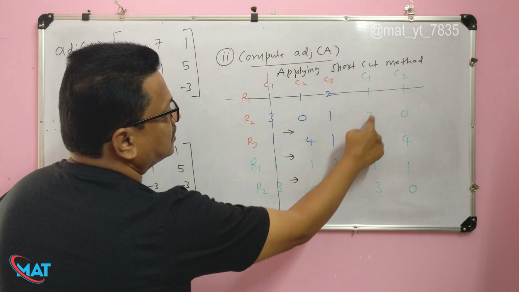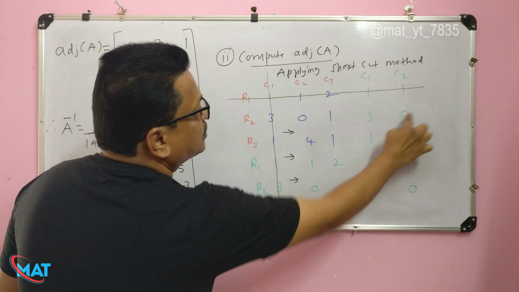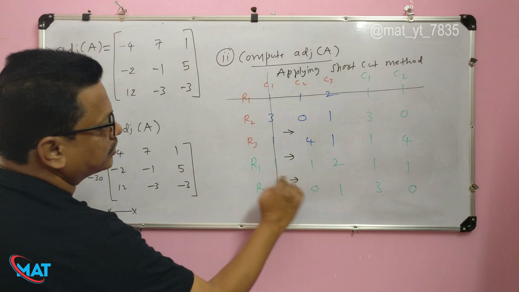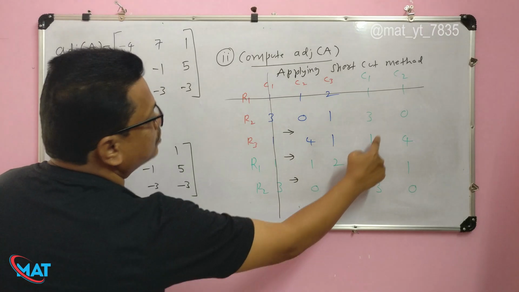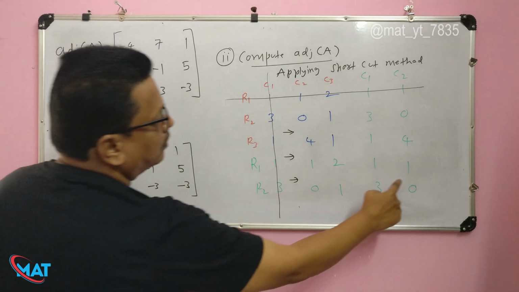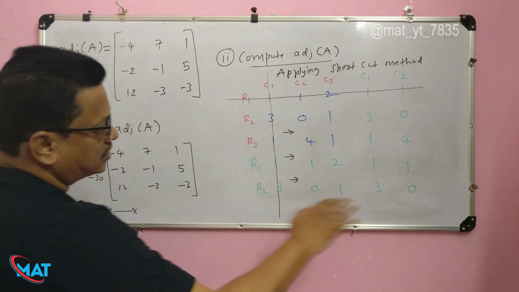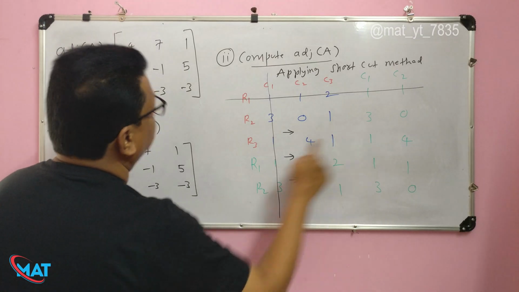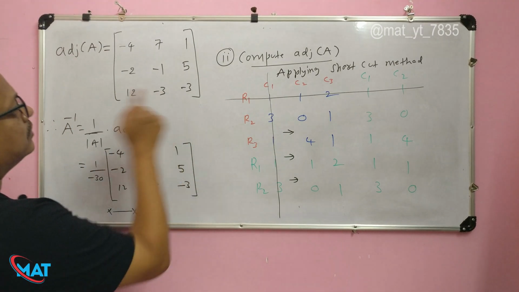Next, 1 minus 3, negative 2. 12 minus 0, 12. Over this direction, 8 minus 1, 7. 1 minus 2, negative 1. 1 minus 4, negative 3. Second column, last. 1 minus 0, 1. 6 minus 1, 5. 0 minus 3, 3.